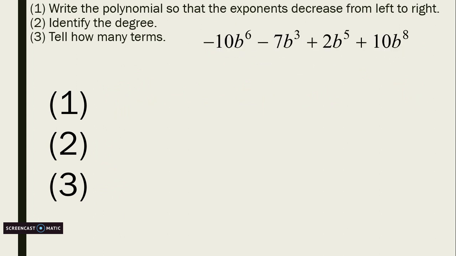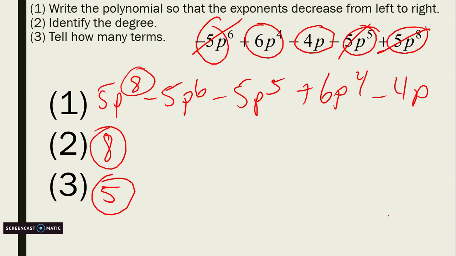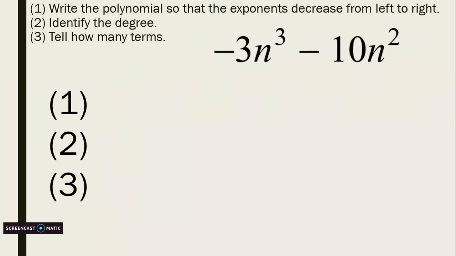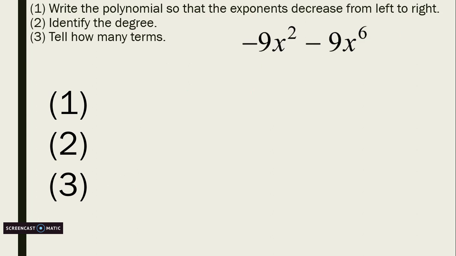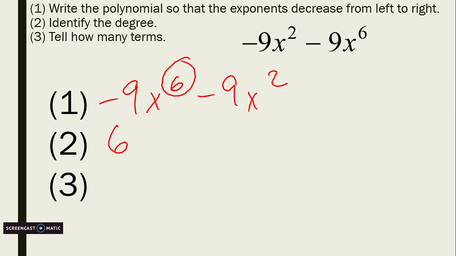Constant term would be a good one to talk about. Let's see, 3 more. Looks like it's already written, biggest to smallest. Degree is 3. There are 2 terms. We want to write the exponent of 6 first. Degree is 6, highest exponent, 2 terms, binomial.